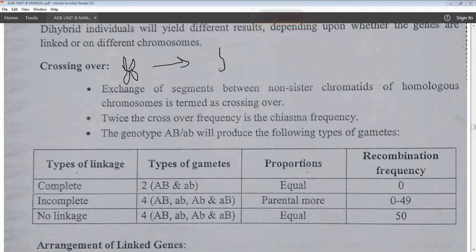And with this, if you change the colors, for example, this is black and this is white. So a small portion of black will come onto this chromosome, and the rest of this will be white, and the rest of the other will be black.